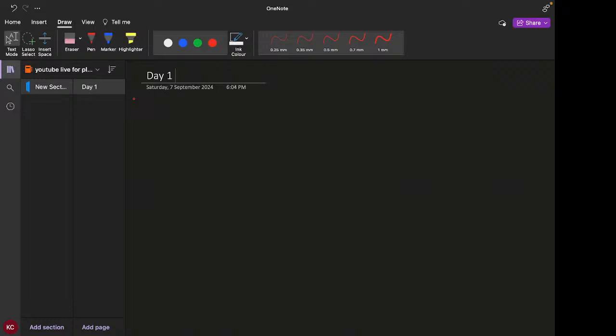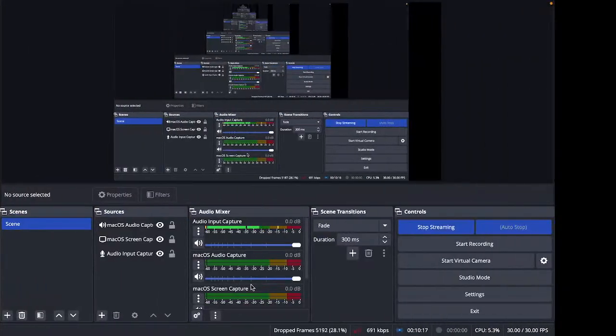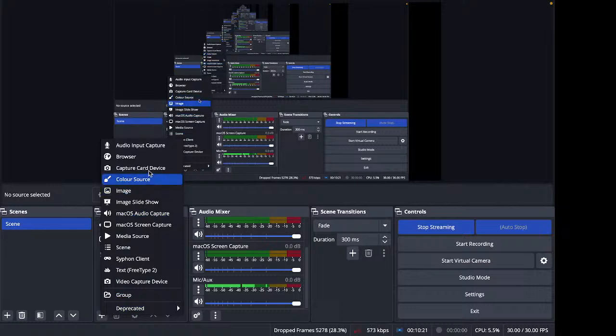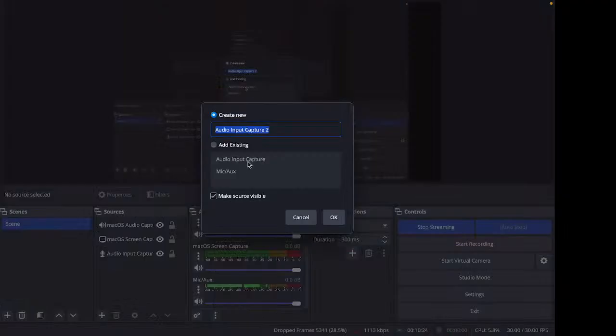Let me add one more audio input. It should capture both. Aux cable.